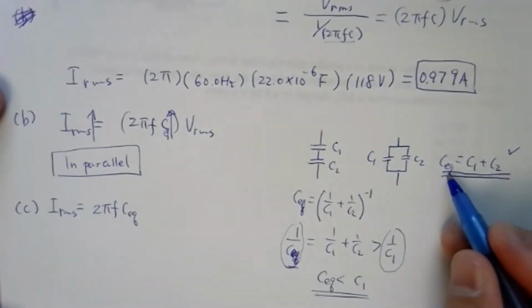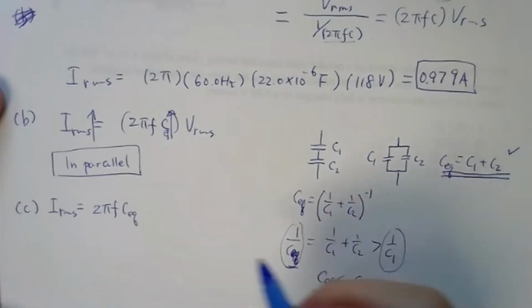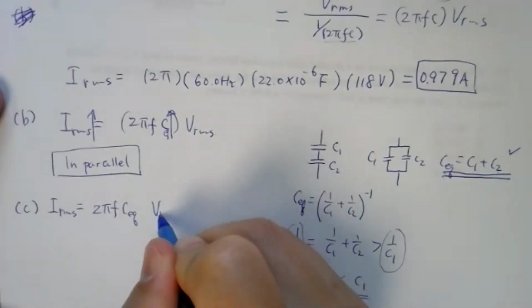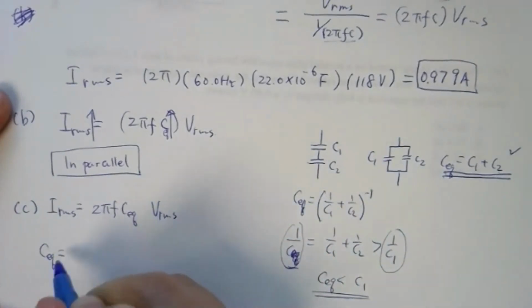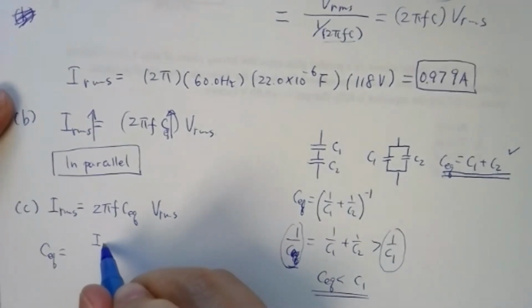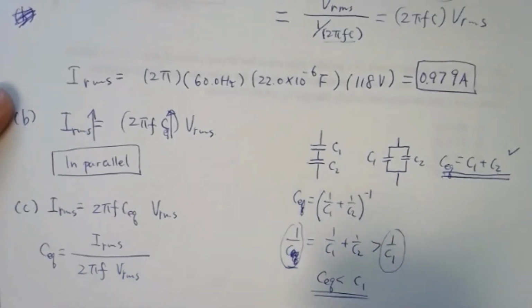If I can find this one, then I can find the other because C1 is given. Times VRMS. So my CEQ will be equal to IRMS divided by 2 pi f VRMS.